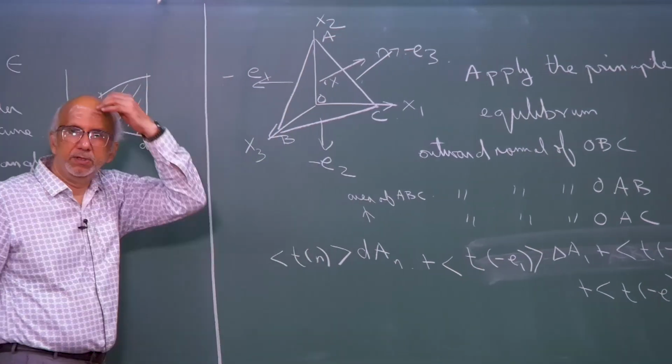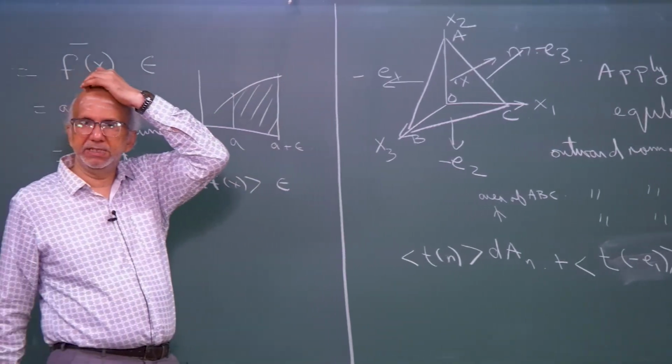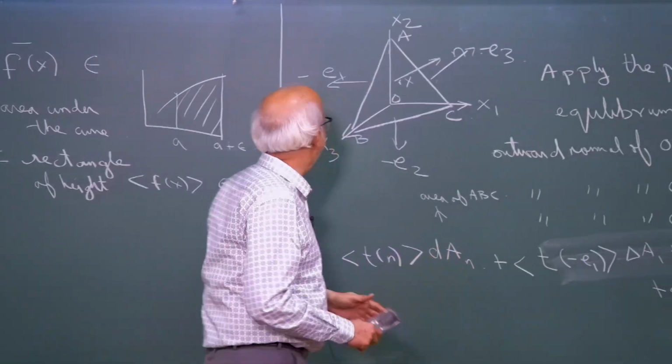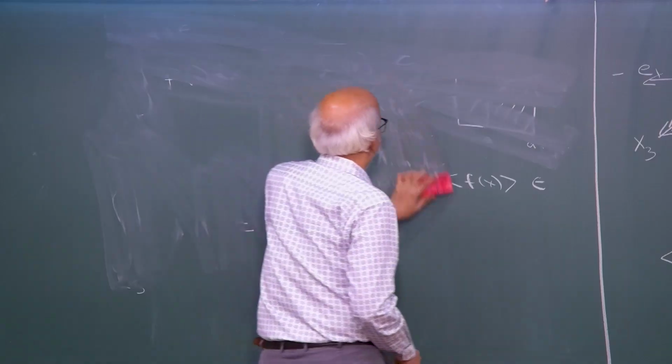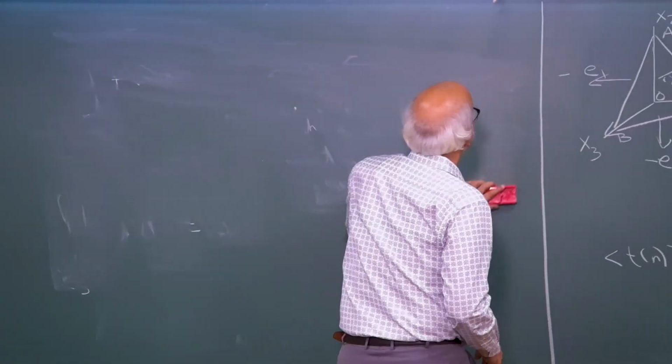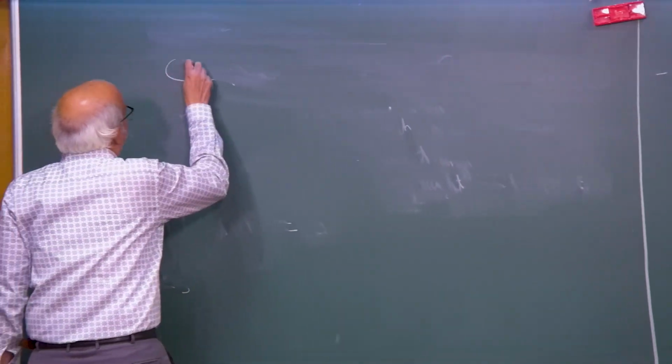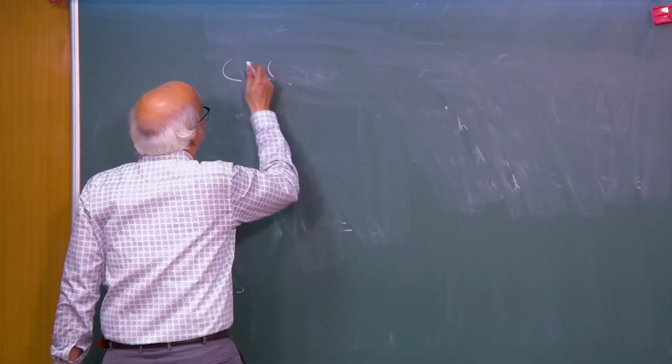Now, from Newton's third law, we can write T of minus E1 as minus of T of E1.